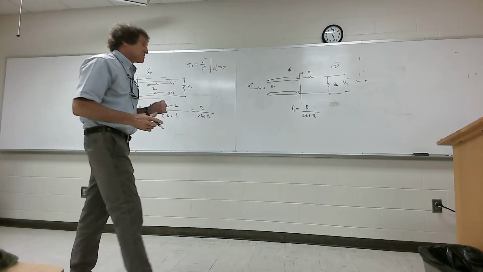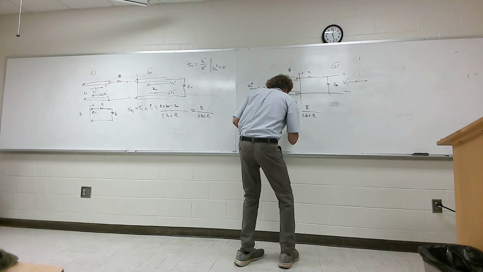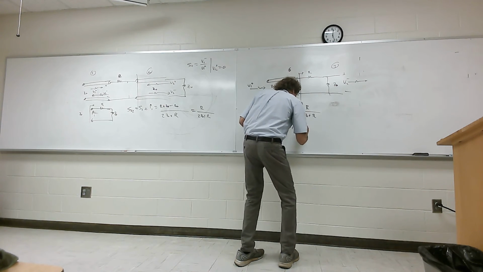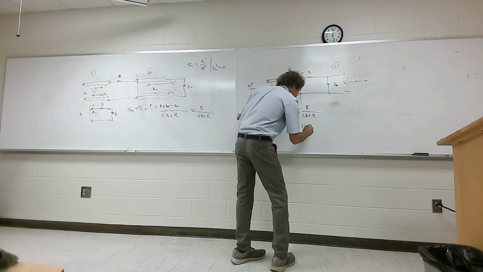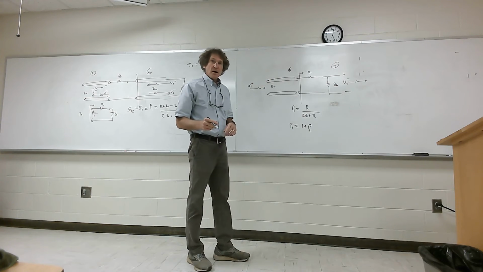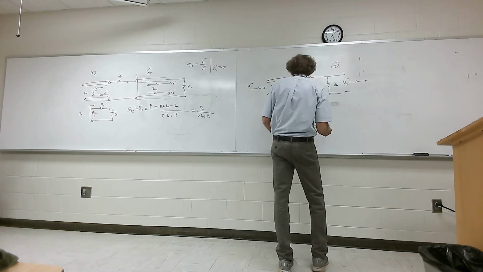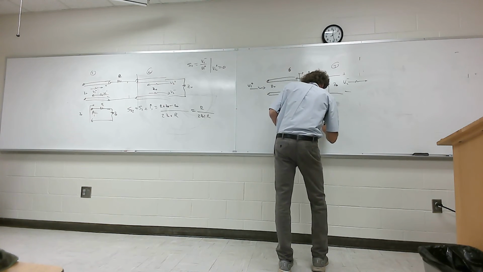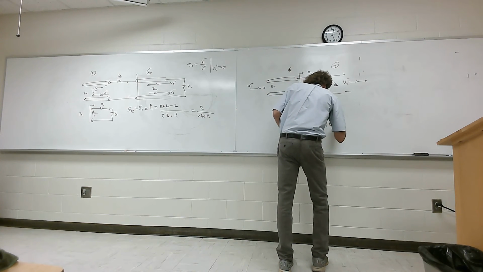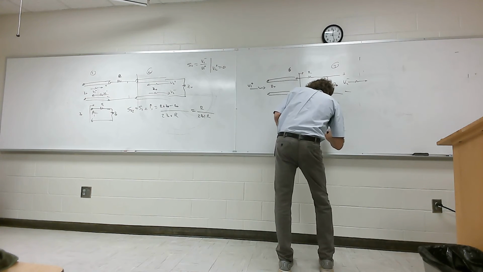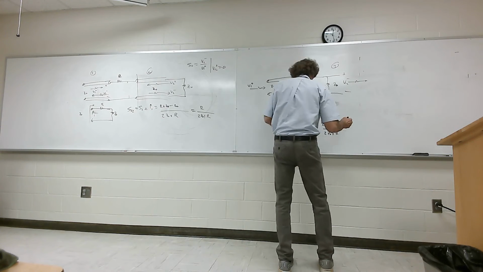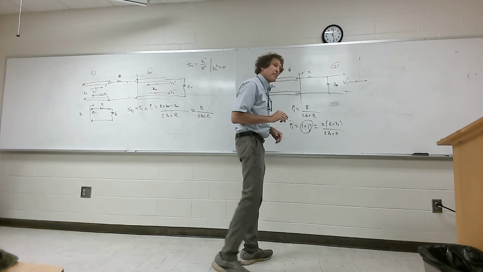Now, to get the transmission coefficient at port 1, it's just 1 plus the reflection coefficient at port 1, right? Or, let's say another way, it's 2 times the impedance you're going into. It would be 2 times R plus Z0 over 2Z0 plus R. Either way, this will do it, okay?